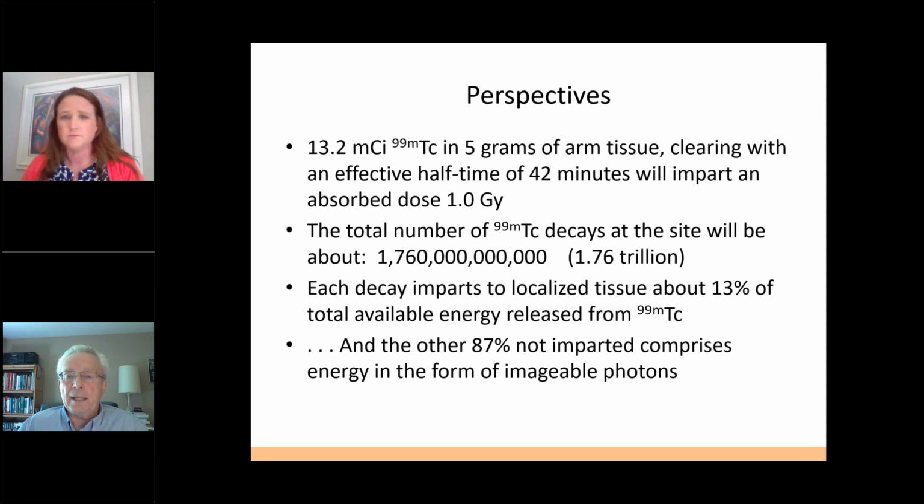The total number of decays at the site by the atoms present, about 1.76 trillion. Each decay imparts locally about 13% of the total energy released from technetium-99m. The other 87% not imparted comprises energy in the form of the photons that are imaged. But the 13% that can remain in the arm can contribute substantial dose.